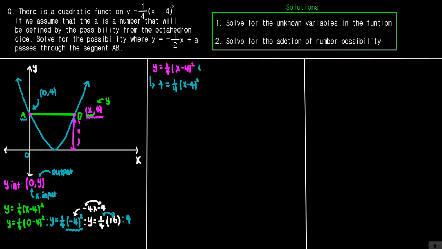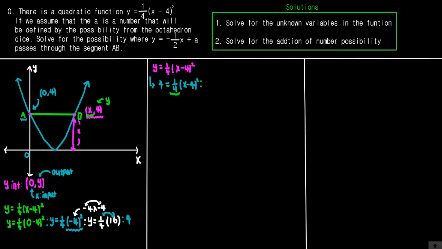And we are trying to find the x value, which is the unknown variable. In order to solve for it, we need to isolate every single term from it, which means we need to isolate the 1 over 4. In order to isolate this 1 over 4 from our equation, all we have to do is multiply 4 to both sides.